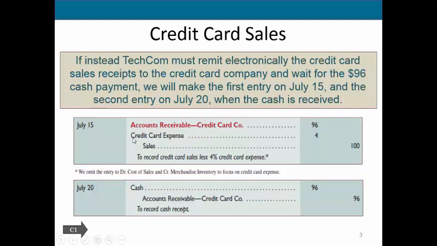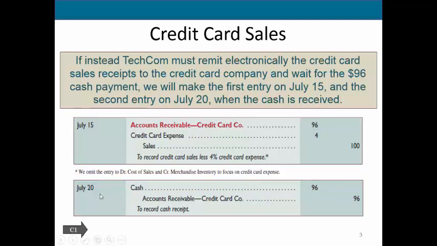We've got the credit card expense of $4, sales of $100, but then up here, because they're not getting their cash immediately, they have an accounts receivable. This is not an account receivable with the specific customer. It's an account receivable with the credit card company, because this is now who owes us this money. So we have an account receivable with the credit card company, and then when we actually remit those receipts to the credit card company, then we'll receive our cash.